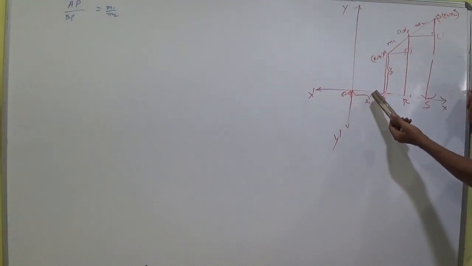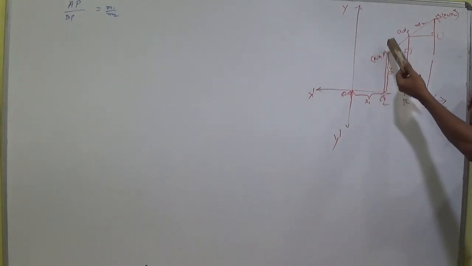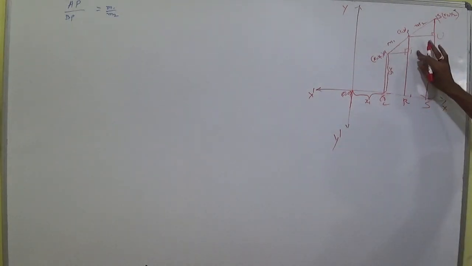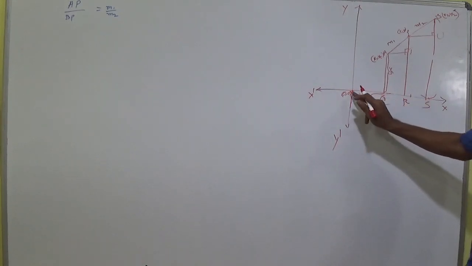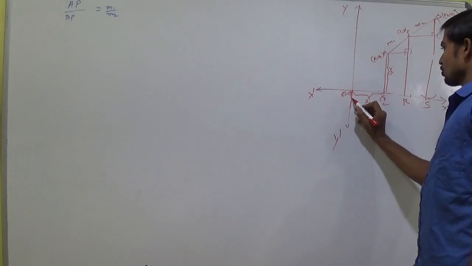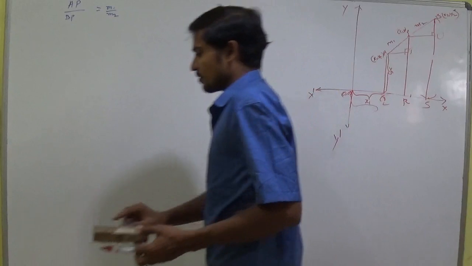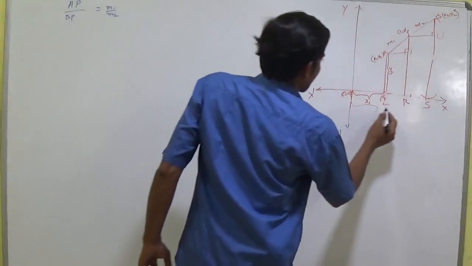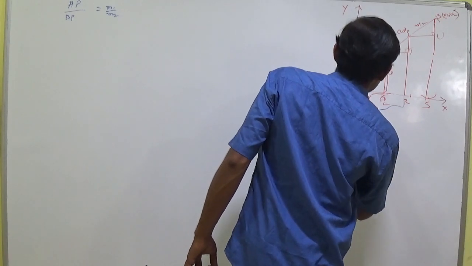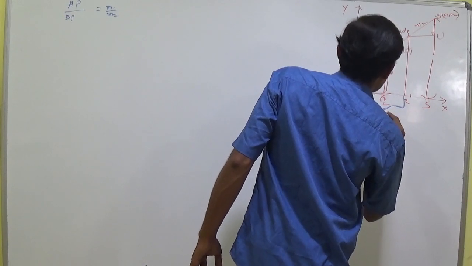The point A is x1 units from the y-axis and y1 units from the x-axis. Totally up to here is y, and from the origin up to here is x.